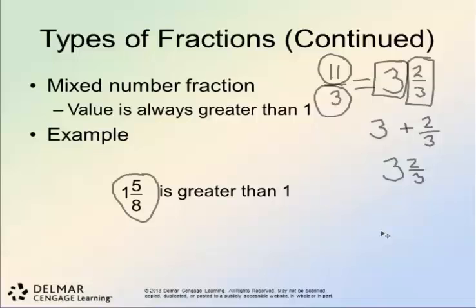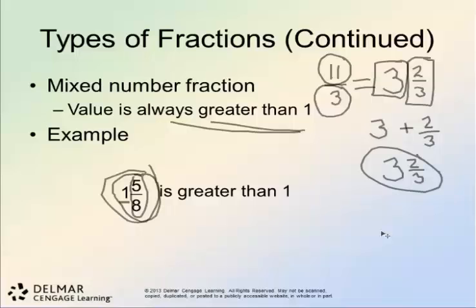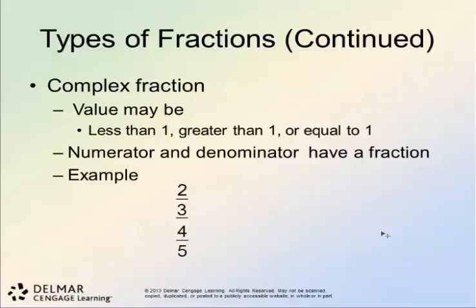It has a whole number 1 and the proper fraction 5/8. In mixed numbers, we'll have a value greater than 1, as 3 2/3 is greater than 1, and so is 1 5/8.